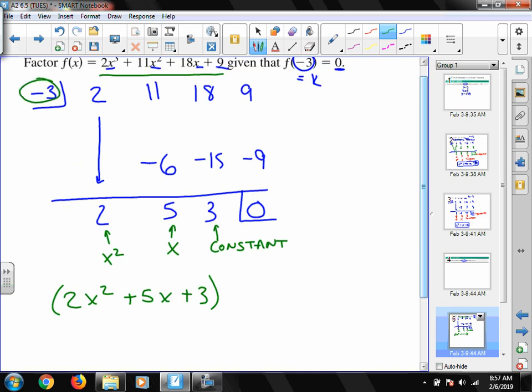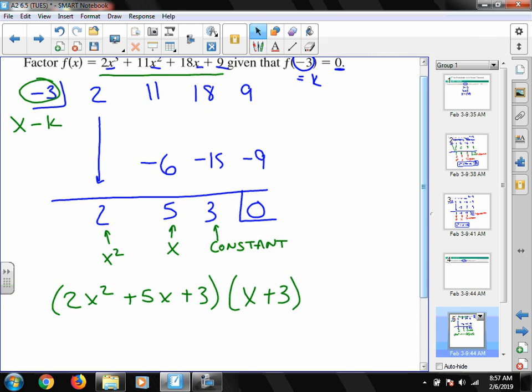So I'm putting a negative 3 here. But remember, we need to have things in the form x minus k. If I'm going to subtract a negative 3, that's actually going to be times x plus 3. Remember, opposite sign of this is what goes in the box. So you see a positive 3, negative 3 goes in the box.